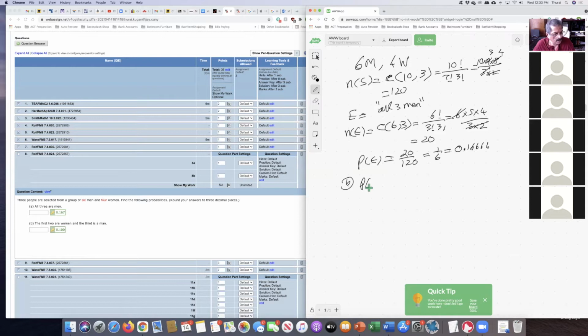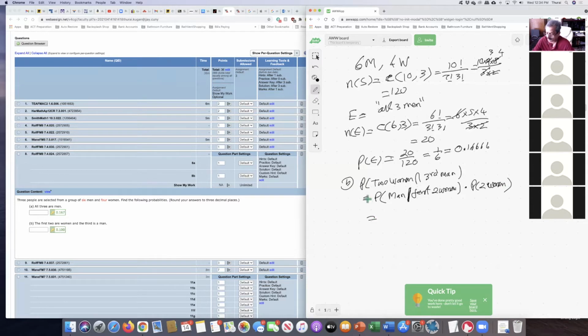The probability for the first 2 women and the third is a man is the same as the probability for man given first 2 women, times the probability for the first 2 women.